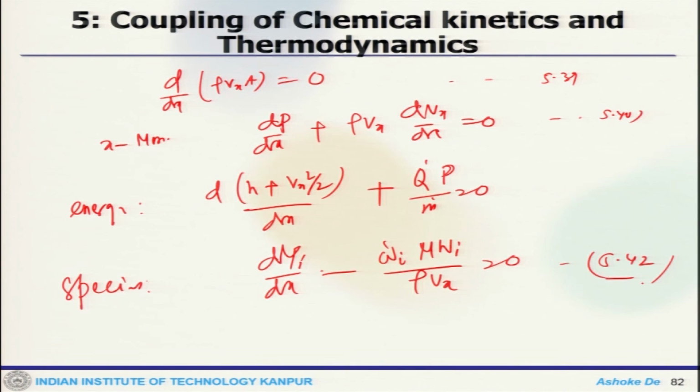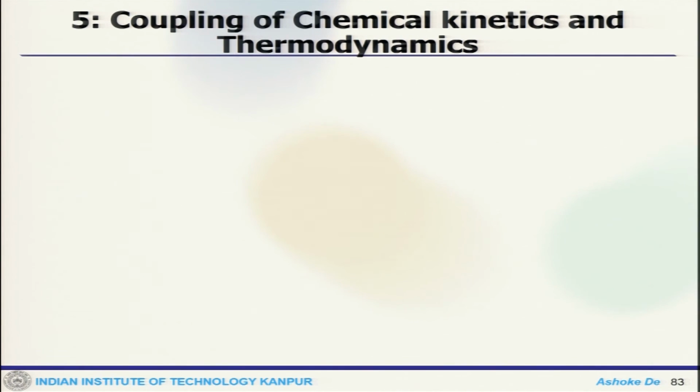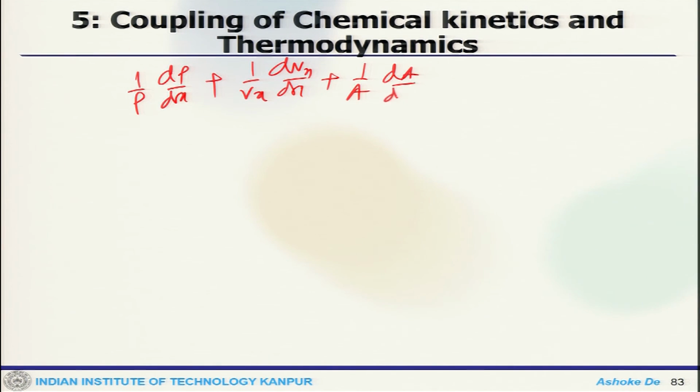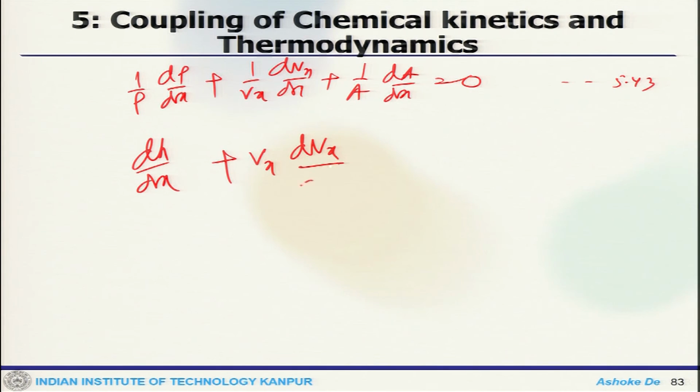So, now equations 5.39 to 5.41 one can rearrange and get 1 by rho d rho by dx plus 1 by Vx dVx by dx plus 1 by A dA by dx equals 0, and one writes dh by dx plus Vx dVx by dx plus q dot P by m dot equals 0.